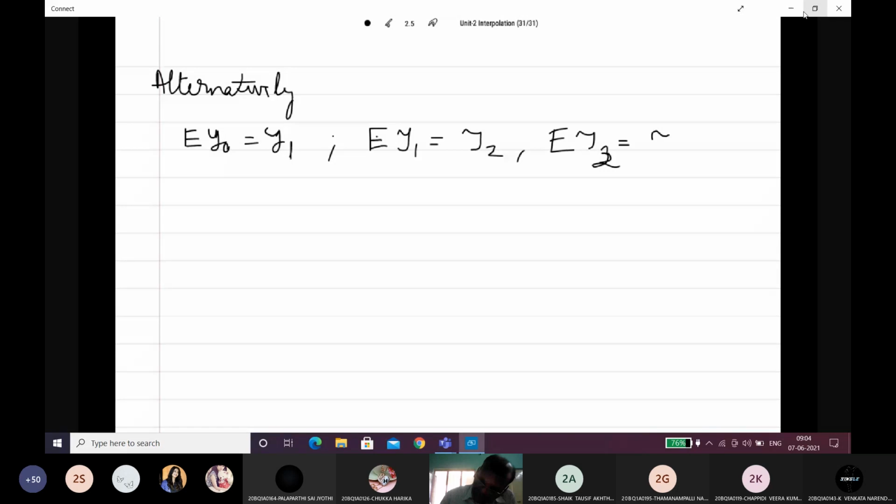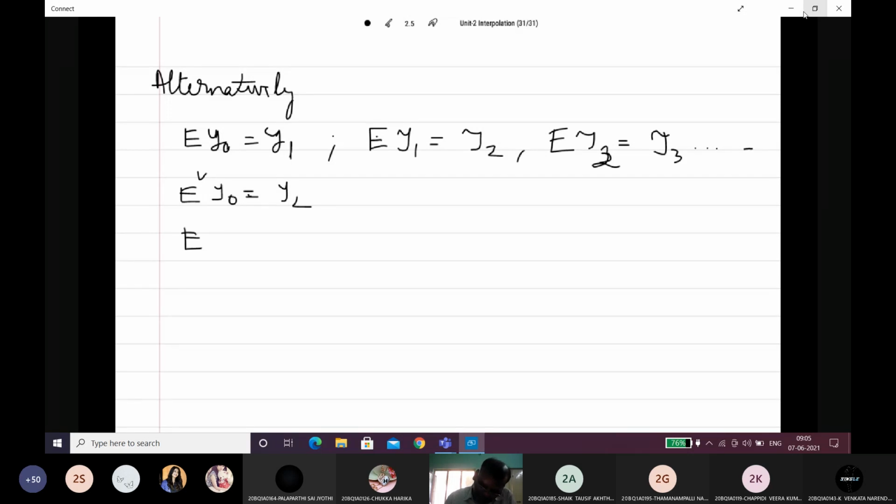E of y2 is y3, etc. This is also one type of notation. Suppose when you need to find E square of y0, it is similarly y2.